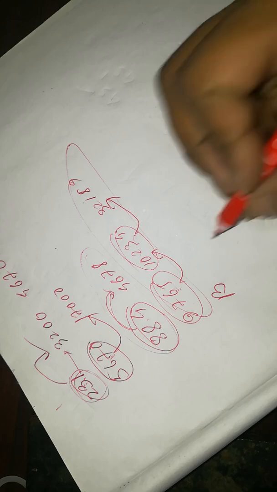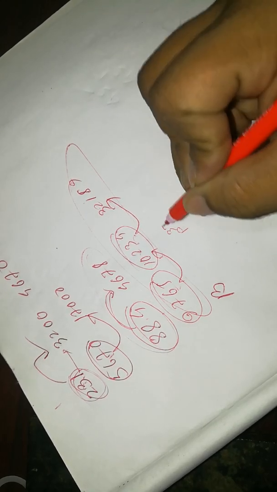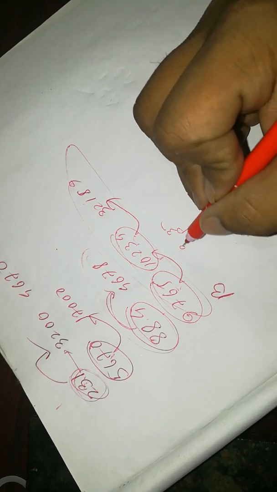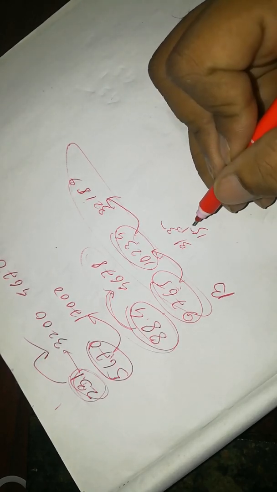Now, which of the following statements about P3 minus is correct? So phosphorus 3 minus has an atomic mass of 31, atomic number 15.